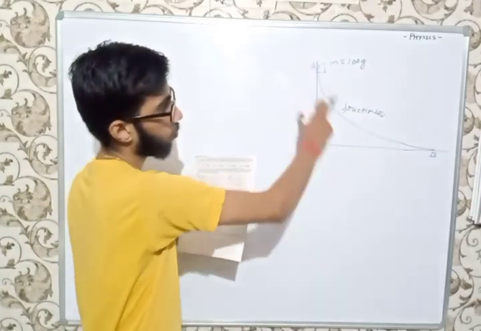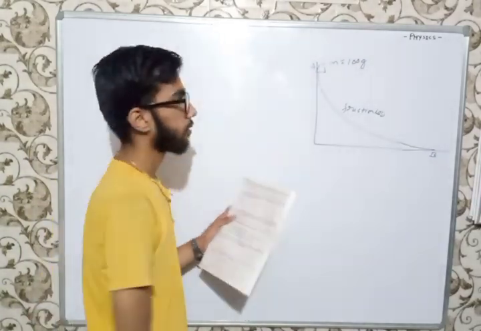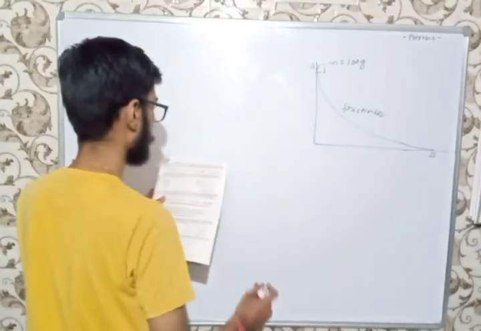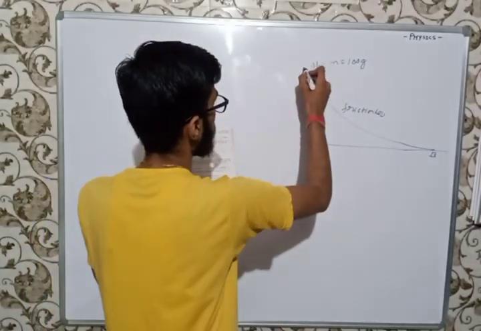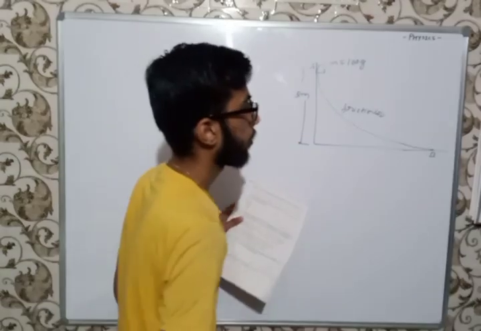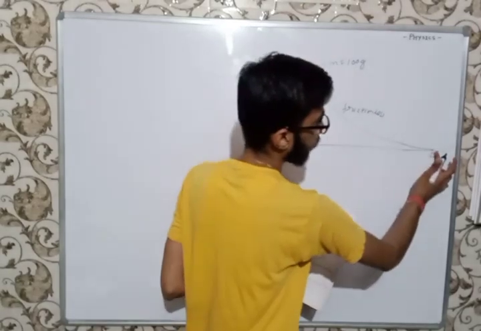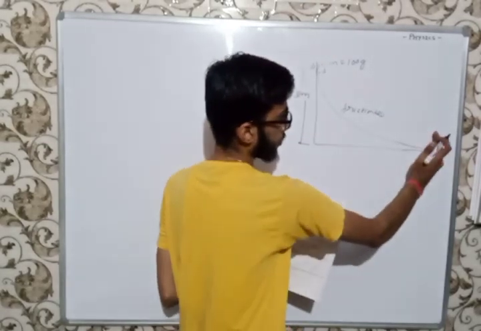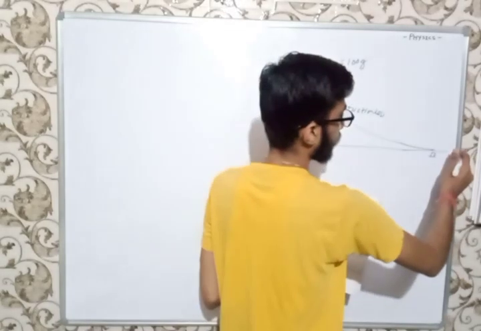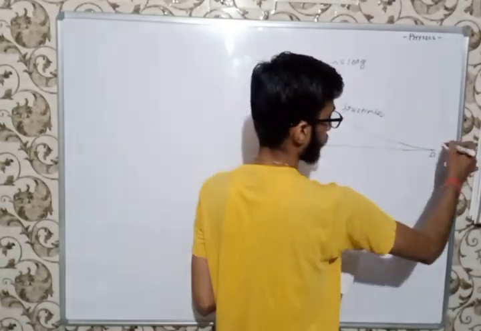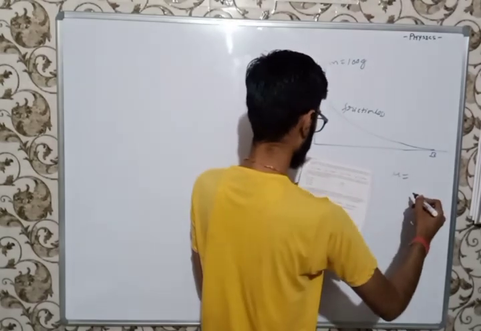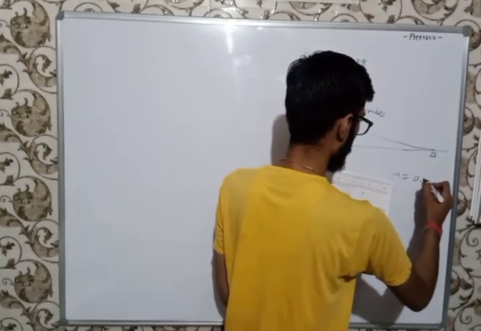The block falls under the effect of gravity on a floor. This height is 5 meter. There will be friction after point B, so up to this region it is frictionless. After that there is friction, and the coefficient of friction in that region is mu equal to 0.5.